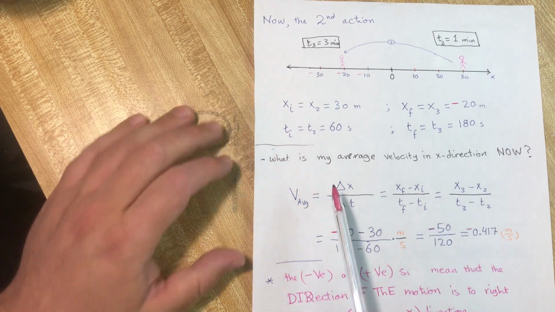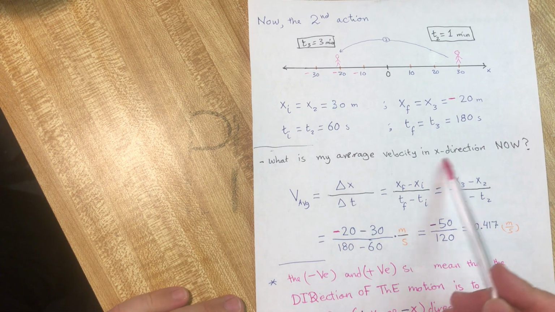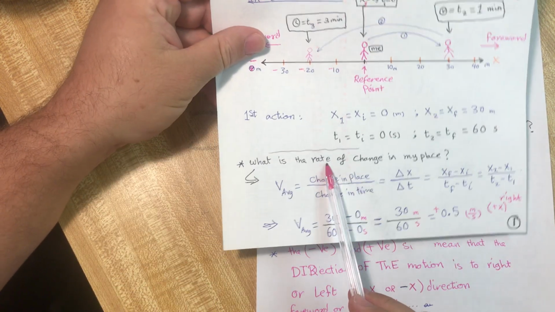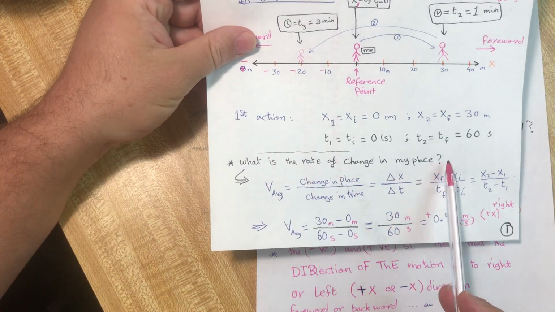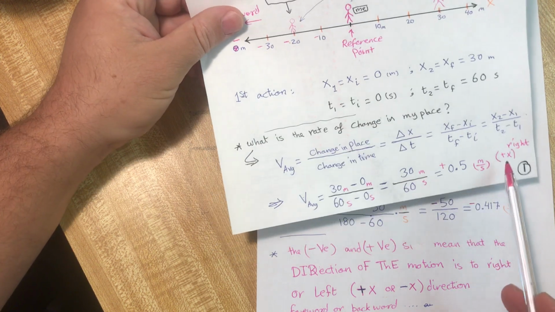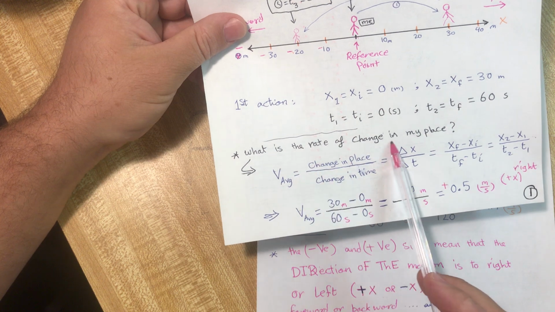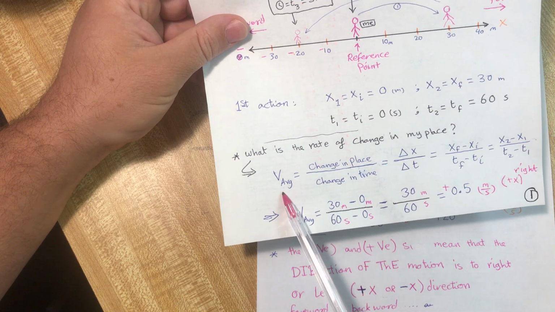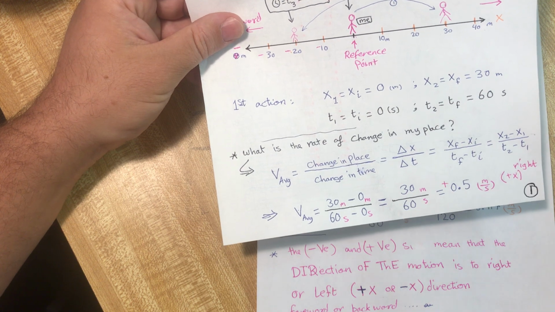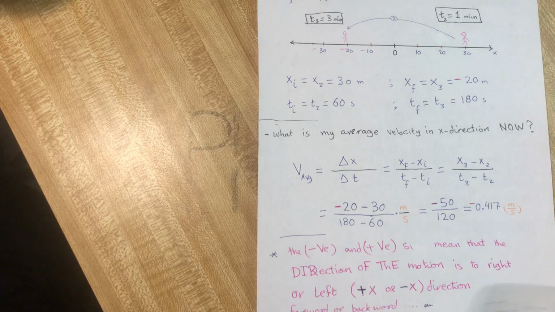Now, what is my average velocity in x direction? I asked you before about the rate of change in my place, and I didn't ask you about the direction. But after we solve the first part, we know that the rate of change is the average velocity, and the direction is important in our solution now, which is in x direction, positive or negative.